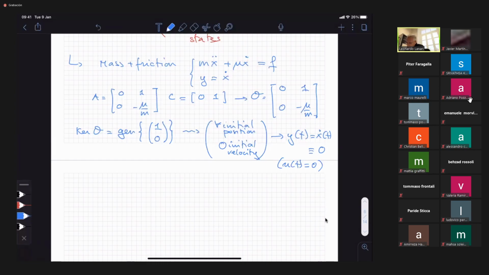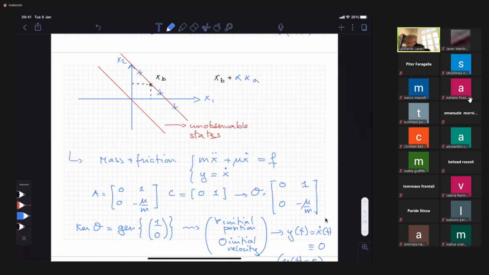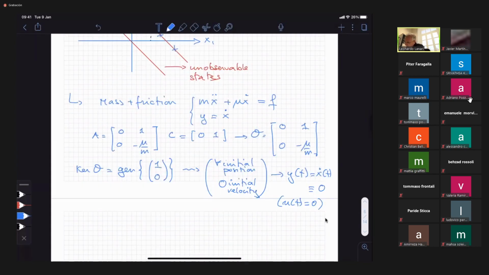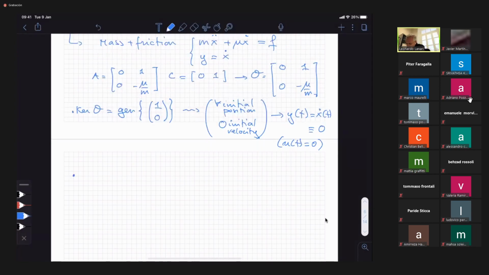And this reasoning here, the second part of this reasoning: let's choose x_b not belonging to the kernel of the observability matrix.